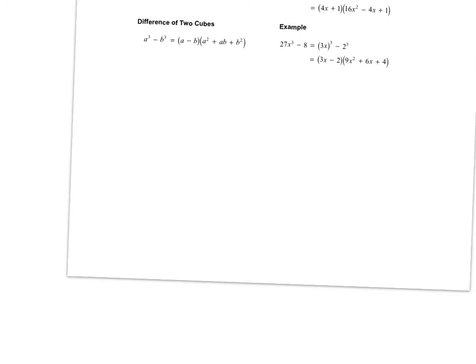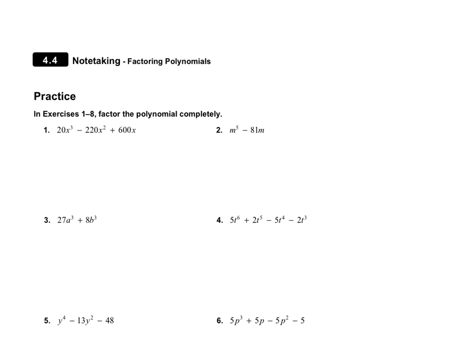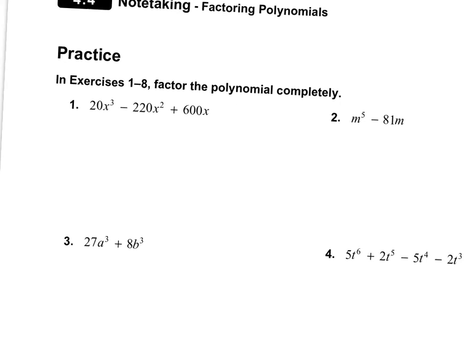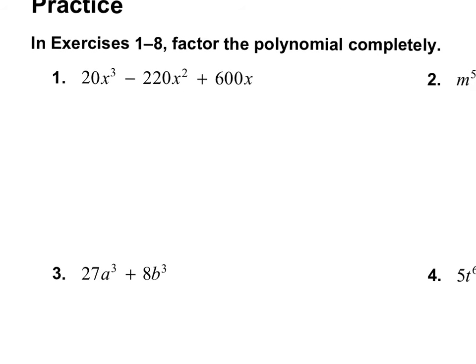Let's look at our first example here. I don't have a sum or difference of cubes because there are 3 terms and not 2. And I can't do grouping because there are 3 terms and not 4. So the last thing I want to look for is maybe I can take out a GCF.